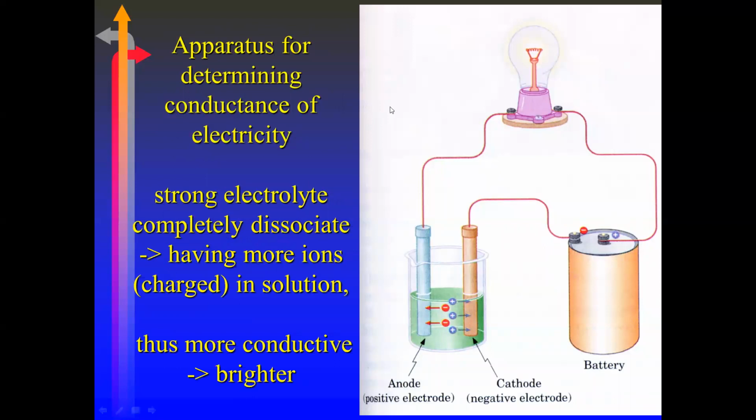So this introduces the apparatus for determining the conductance of electricity. Actually, this is a very simple setup. You can even do it by yourself. If you buy a battery from a supermarket, a couple of conductive wires, and two electrodes, for the electrodes you can use graphite, or you can simply take a piece of copper, for example, or other metals like silver.